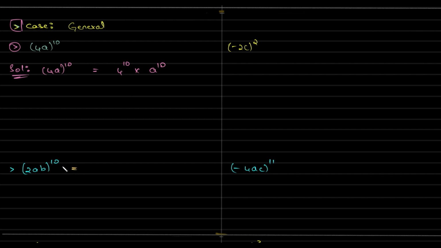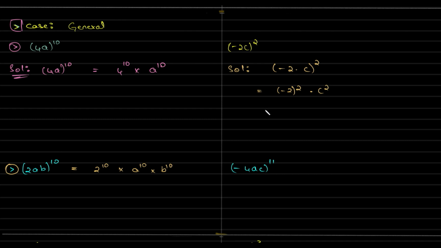So I'm going to write it over here itself. 2ab whole to the power of 10 is, can you guess? 2 to the power of 10 into a to the power of 10 into b to the power of 10. A bit tricky one. So negative 2c whole to the power of 2 is nothing but negative 2 whole square into c square.